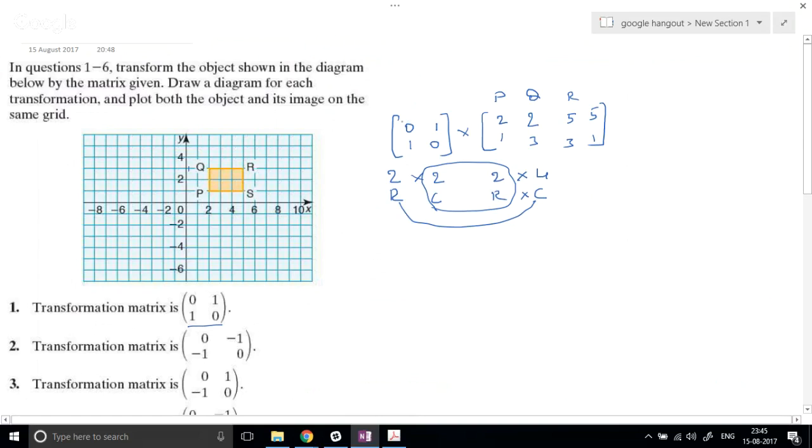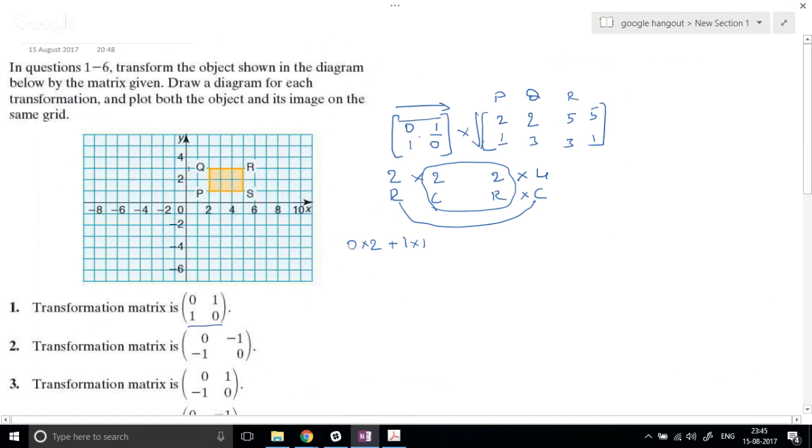So matrix multiplication is this row with the column. So first row with first column. So 0 into 2 plus 1 into 1.